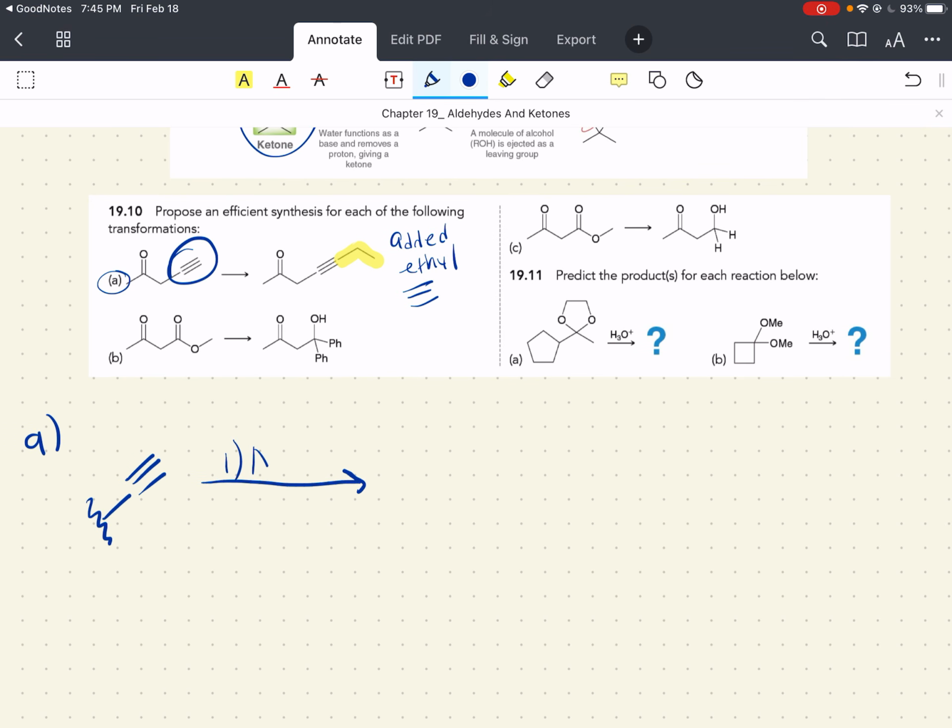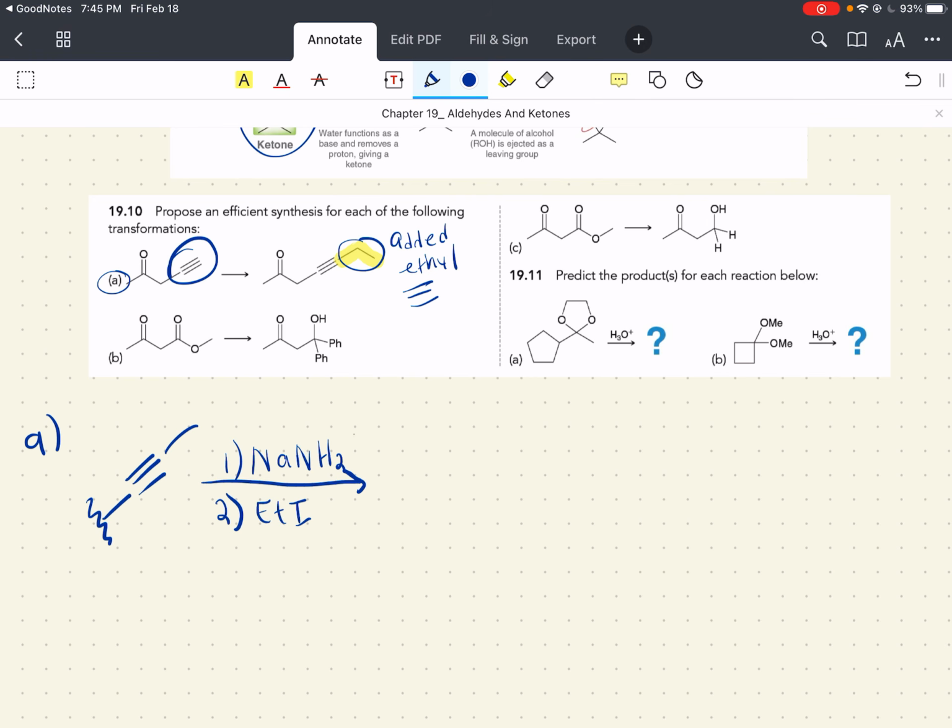NaNH2, followed by the group you want to add. Here we want to add an ethyl, with an iodide group on that. So if it was a methyl group that we wanted to add, it would be methyl iodide. But here it's an ethyl group, so we're going to write ethyl iodide.